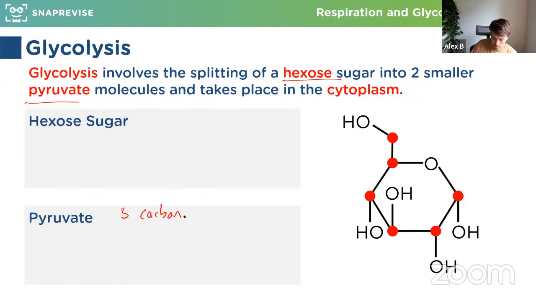So a hexose sugar, hex, tells us that it's 6 carbons. So the hex part refers to the number of carbons, just like a pentose sugar or a triose sugar is 5 and 3 carbons. And then the ose part, this tells us it's a carbohydrate.